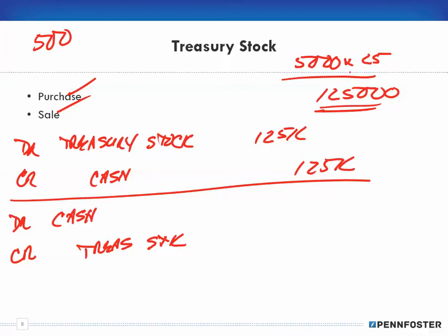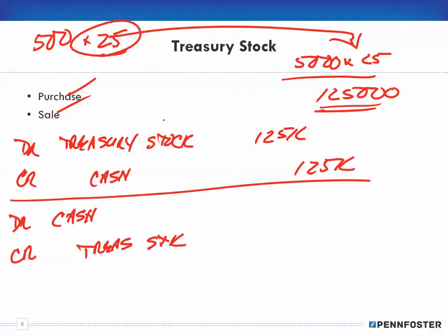When they sell the 500 shares back, we have to consider what the market price is. If the market price is $25, which is what we originally paid for it, then all we have is just the change in the treasury stock itself. So 500 shares at $25, when we sell it back, is $12,500, and that puts those shares back into the marketplace.